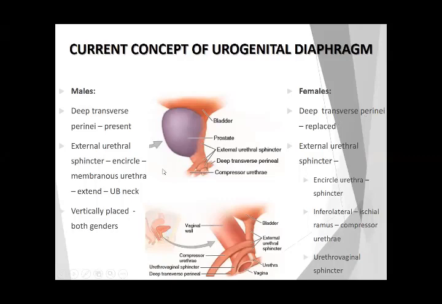But the external urethral sphincter, that is not exactly flat because it covers the part that encircles the urethra inferiorly, where it encircles the bulbar urethra that enters the bulb of the penis. That part is kind of flat.